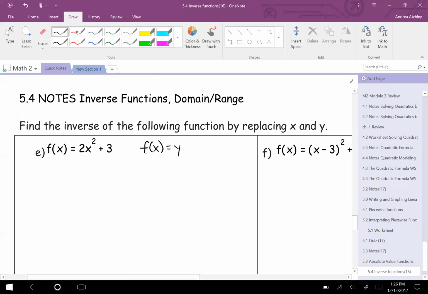So I'm going to replace the y value with x. It's going to equal 2. Now I'm going to replace the x with y. Okay, so the first step is switch x and y.